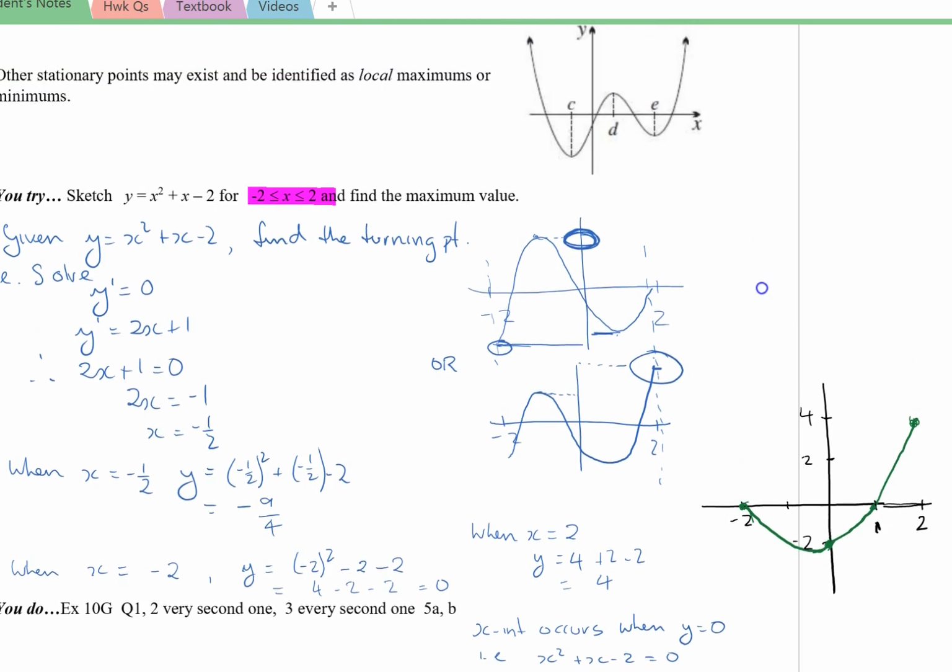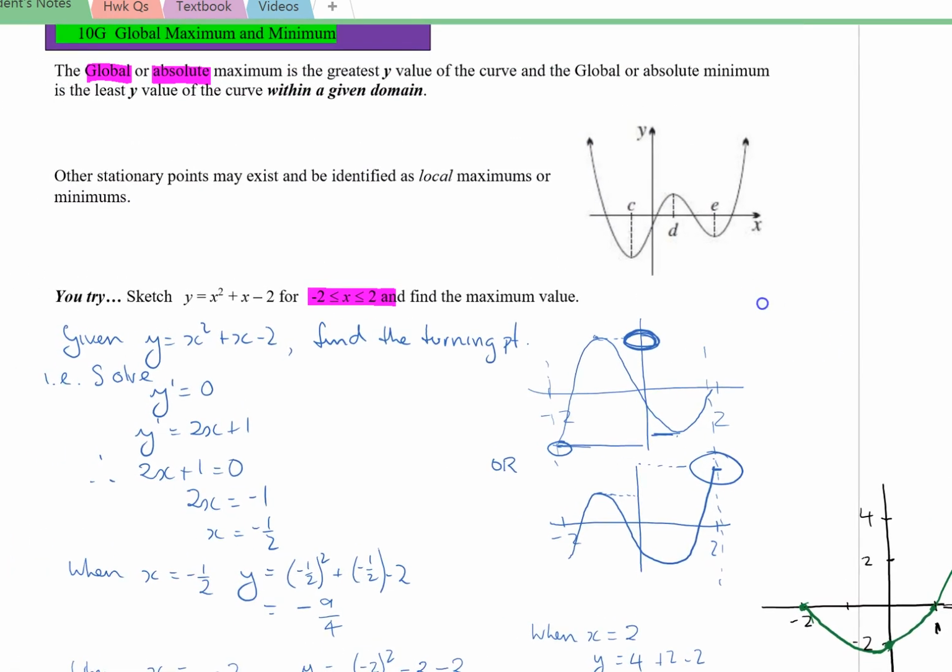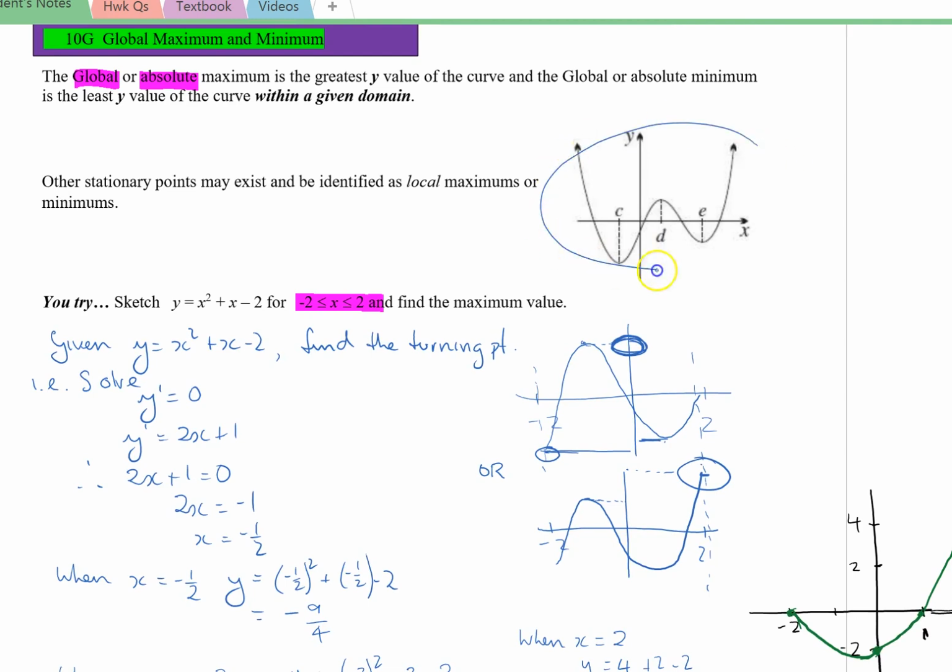Just before I go through that solution to that example, let's just have a look at this diagram here. It also illustrates what I was talking about down here, in that if we were looking for a maximum or a minimum in, say, the range of x is greater than c and less than e. So we're only interested in this part of the graph, from there to there and to there, just that red section.